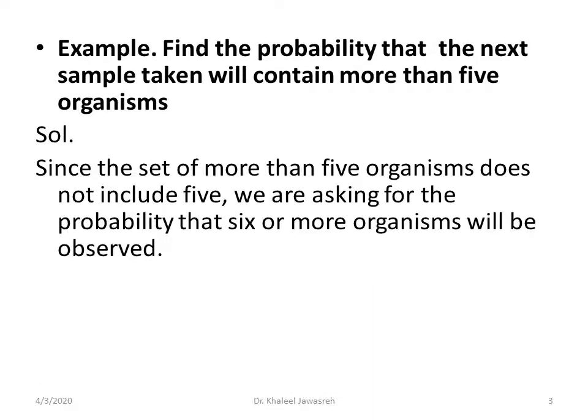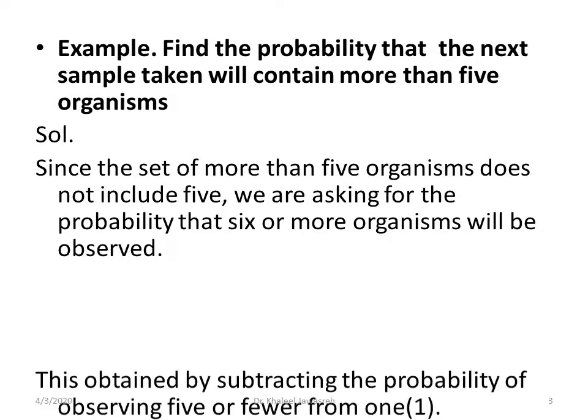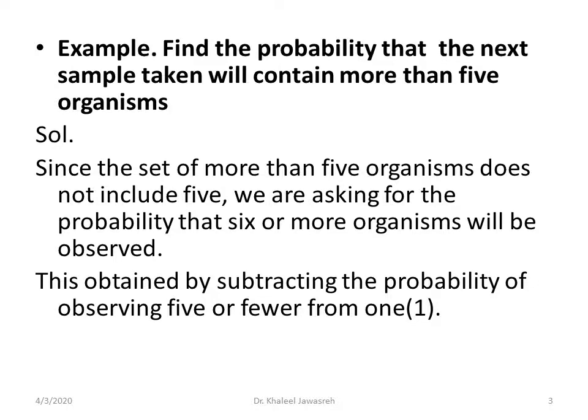From here, you can see the solution. Since the set of more than 5 organisms does not include 5, we are asking for the probability that 6 or more organisms will be observed. This is obtained by subtracting the probability of observing 5 or fewer from 1, as we practiced previously.